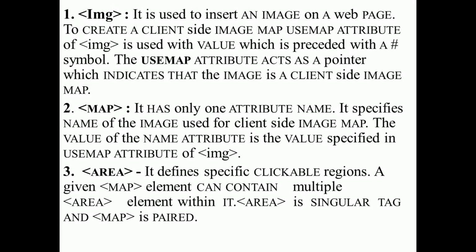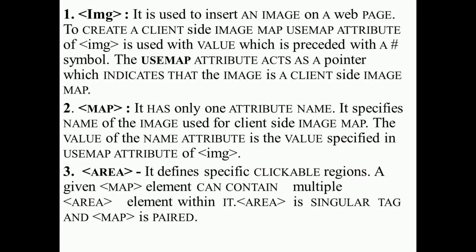Next is the area tag. It defines the specific clickable regions. A given map element can contain multiple area elements within it. Area is a singular tag and map is a paired tag. Let's see what is a singular tag and what is a paired tag.